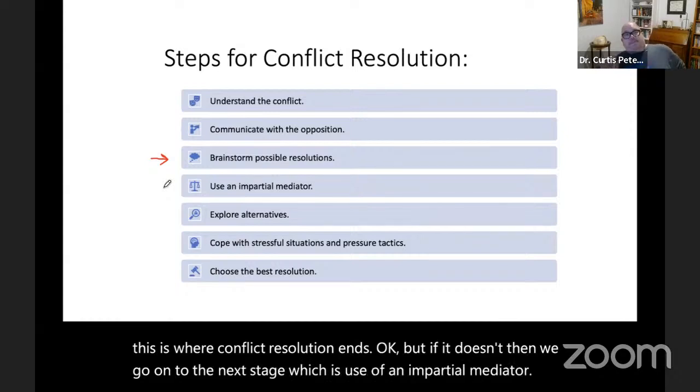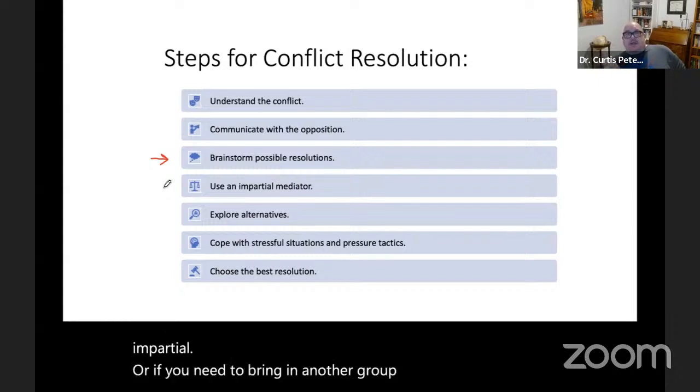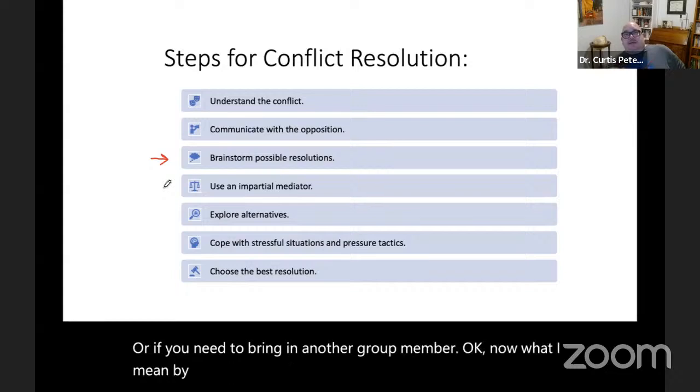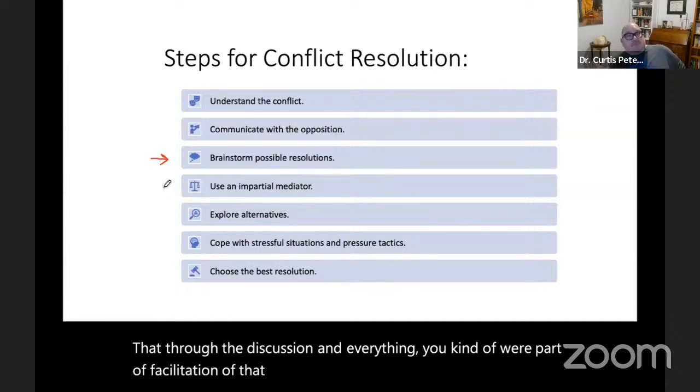Now, this is where you as the therapist need to decide if you can be impartial or if you need to bring in another group member. Okay. Now, what I mean by that is if at any time you were part of that conflict, that through the discussion and everything, you kind of were part of facilitation of that conflict, you cannot be an impartial person at that moment.